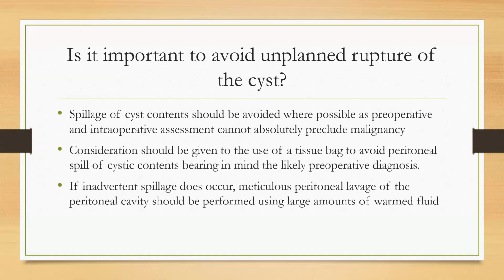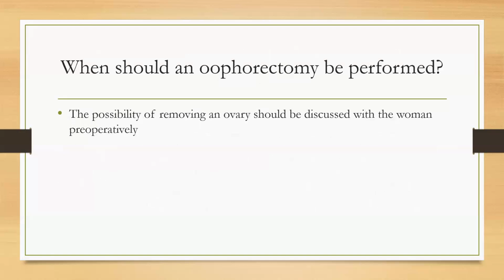If inadvertent spillage does occur, meticulous peritoneal lavage of the peritoneal cavity should be performed using a large amount of warm fluid. When should an oophorectomy be performed? The possibility of removing an ovary should be discussed with the woman preoperatively, because if you remove the cyst and there is bleeding from the ovary which cannot be controlled, then there's a risk of removing the ovary.